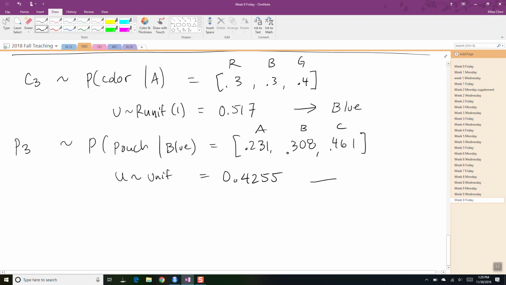And so this will correspond to pouch B, right? Okay, and so now our new coordinate is going to be blue and pouch B.